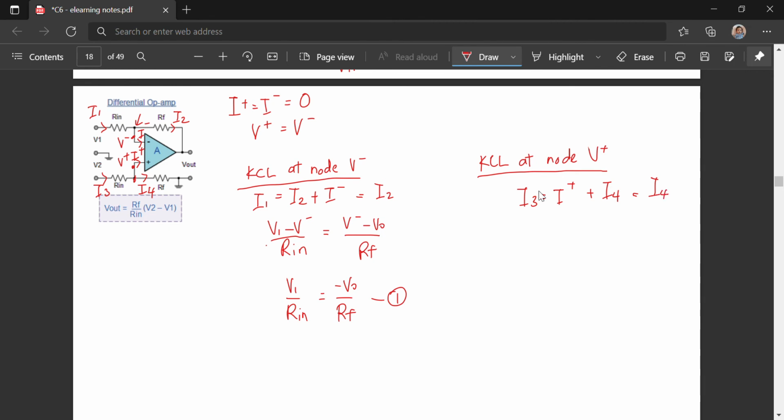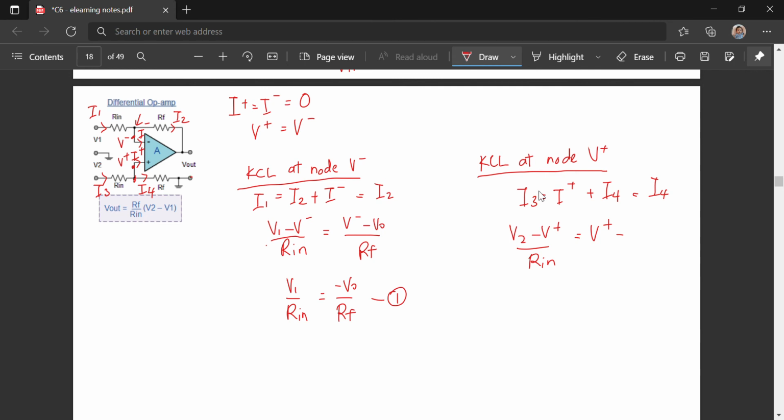Ohm's law for I3 is V2 minus V plus divided by R in, and Ohm's law for I4 is V plus minus V out.